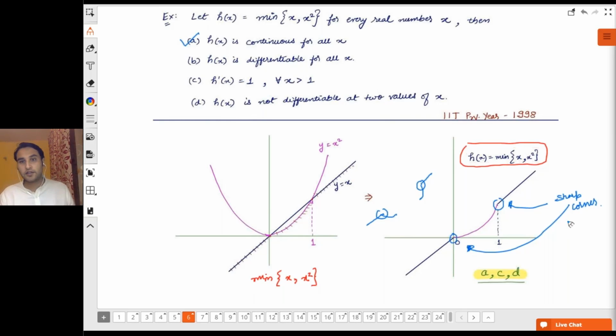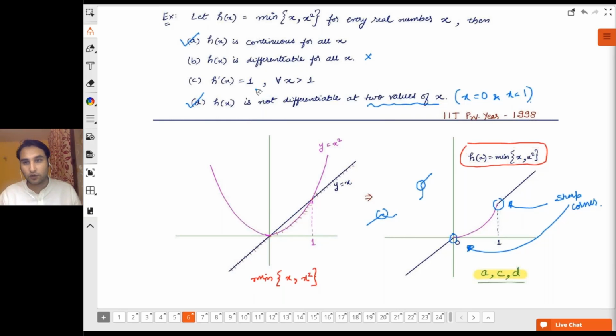So h(x) is not differentiable at two values of x. Which are those values? x is equal to 0 and x is equal to 1. Got it?